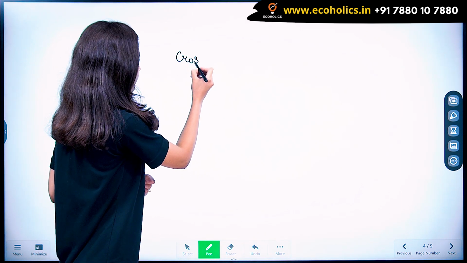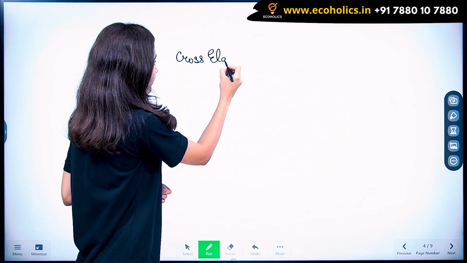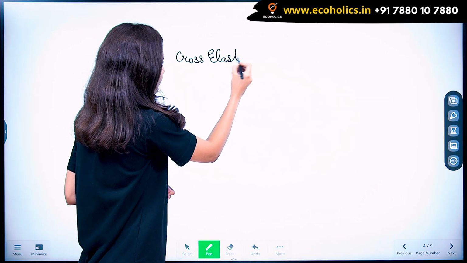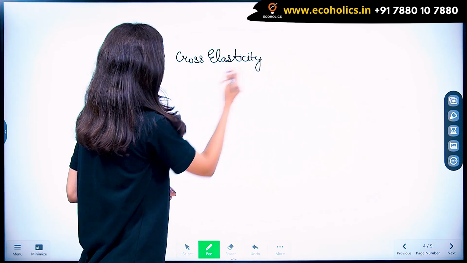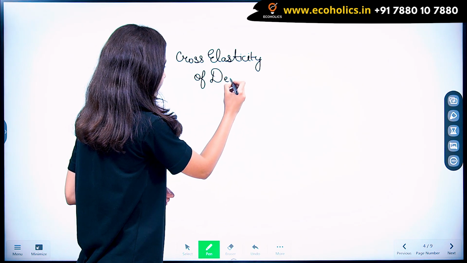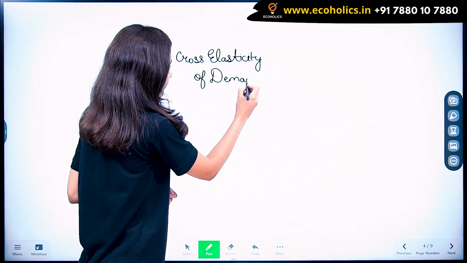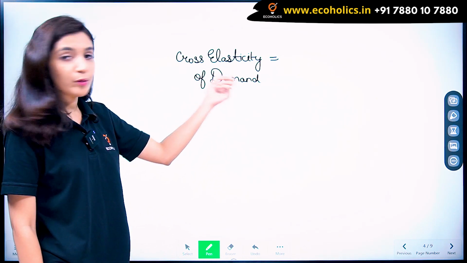So, how can we write the cross elasticity of demand?